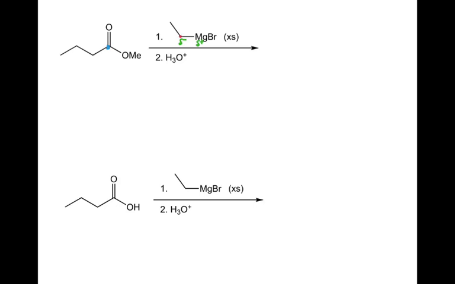So this carbon is nucleophilic. So in our first step of the mechanism, our nucleophile is going to attack the carbon of the carbonyl and push up that pi bond to be a lone pair on the O.